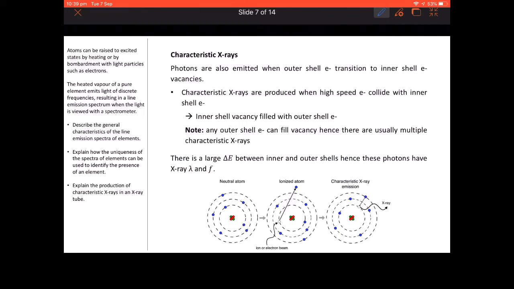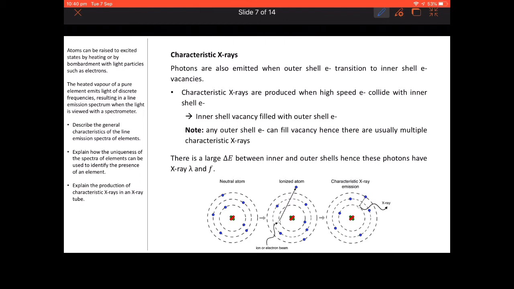There's a large energy difference between inner shell and outer shell electrons, so the photons that are produced have X-ray wavelength and frequency. They have a high frequency and a short wavelength, because a high frequency corresponds with high energy.